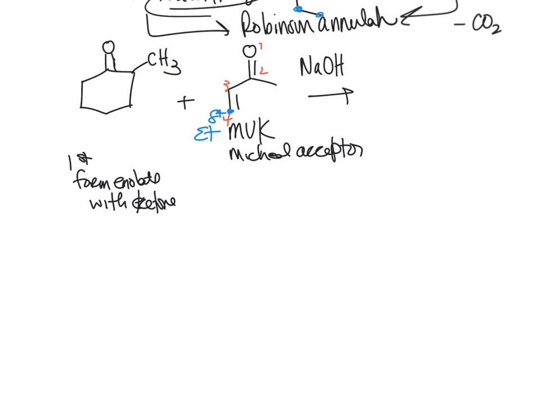So the first thing we're going to do is we're going to do our enolate. And so we go ahead and take this hydrogen here, and you form your enolate.